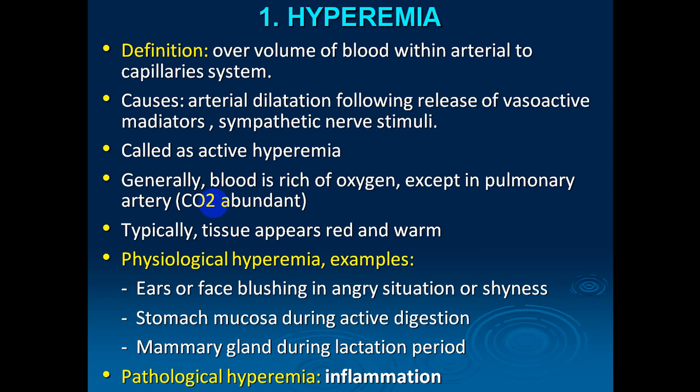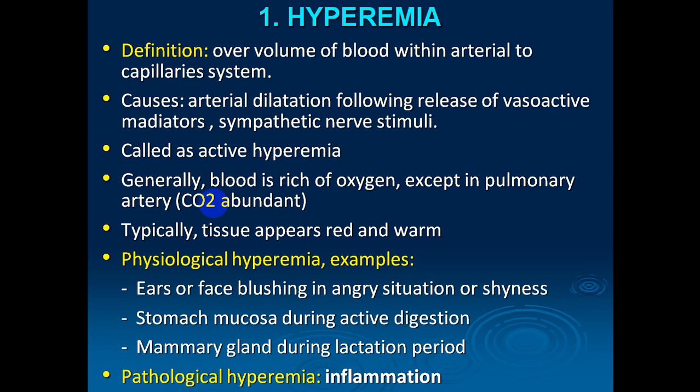And if there is hyperemia, the tissue appears bright red, and also a bit warm because there is an active process, and also involvement of pressures to press out and then move out the fluid to the interstitial area.